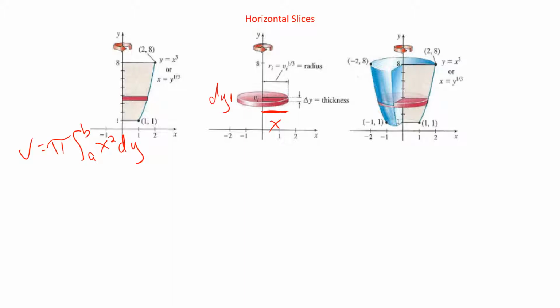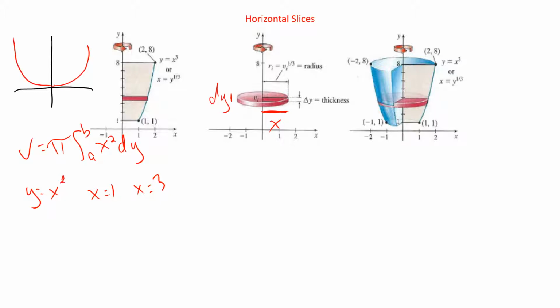So if we use the same problem as we did, we had y equals x squared, and then we went from x equals 1 to x equals 3. A quick sketch, by the way, is actually super helpful sometimes. We have y equals x squared. We know that's a parabola.